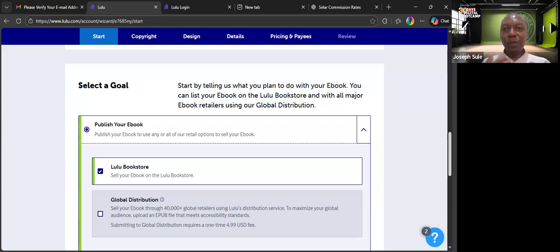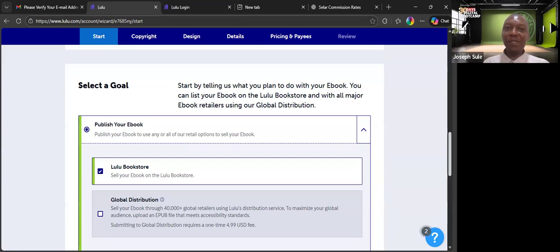If people want your book, they come to the Lulu platform, they see your book, they click on it, they make payments, they access the book through their emails or some other form, and they go. But Lulu is also saying we have partners who sell books. When you give us your book, we can equally give our partners your book and ask them to sell. That way you get a wider coverage.